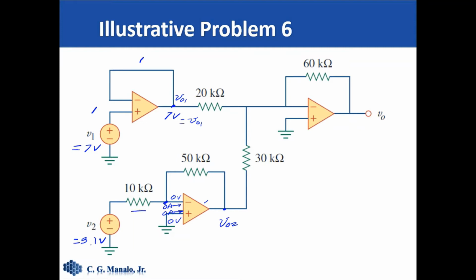So let's say this is the direction of the branch current here, and also this is the direction here. So current entering equals current leaving.